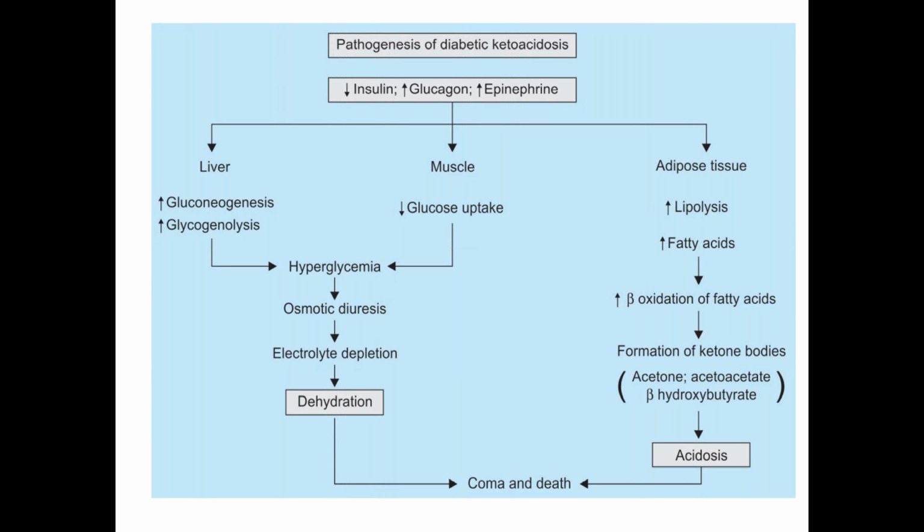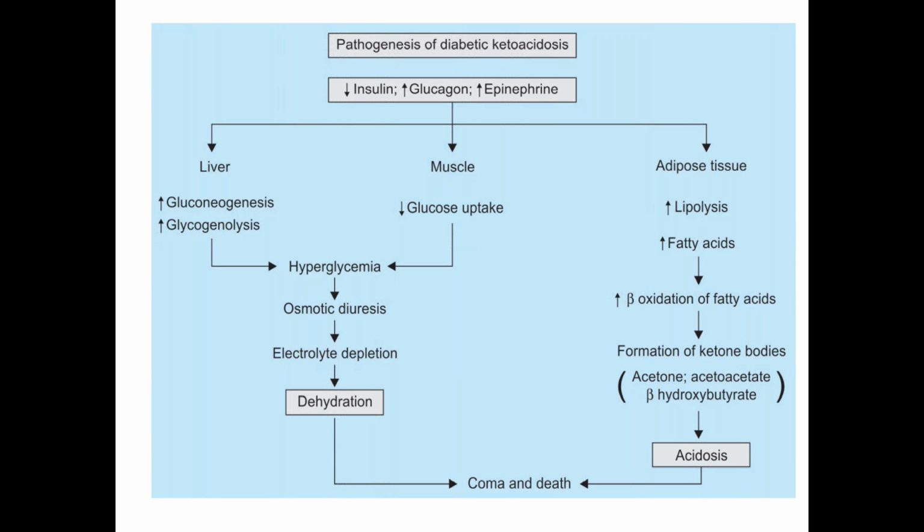Lipolysis leads to increased fatty acids. Neutral fats are a combination of glycerol and fatty acids. So there are increased free fatty acids in the circulation, and in the liver, these increased free fatty acids are metabolized, that is, beta oxidation of fatty acids. This is an important source of energy in diabetics.